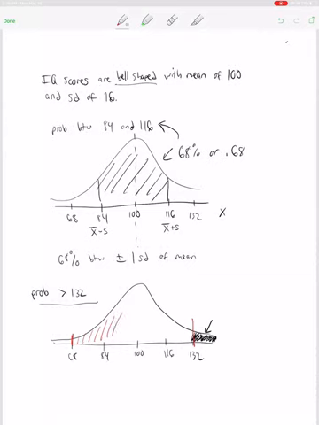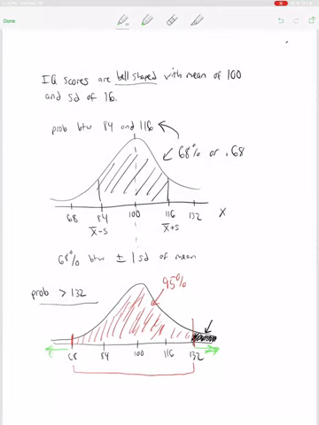The empirical rule says that in here lies 95% of the observations. So if 95% are between these two points, I've got to think about how much percent is out here from this point on and down here from that point on.